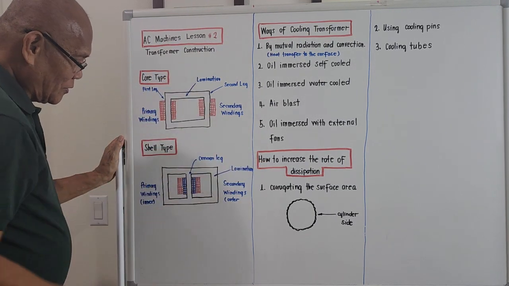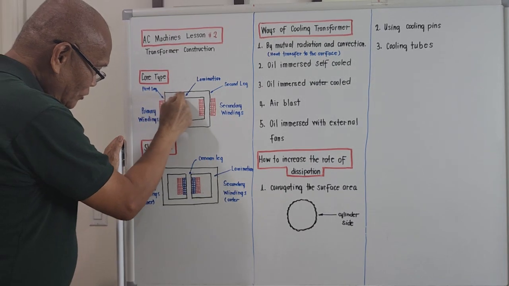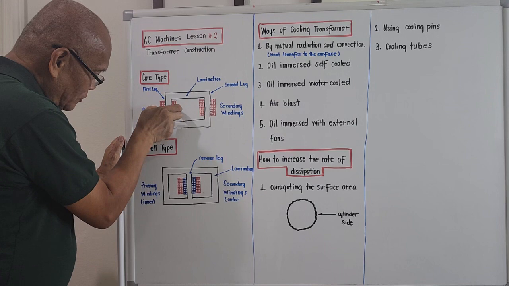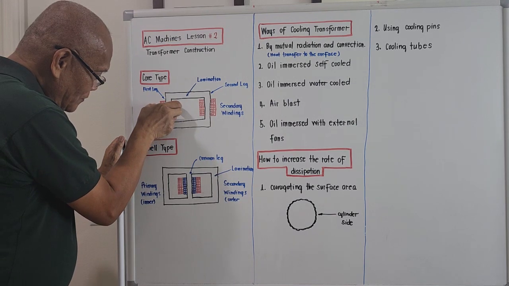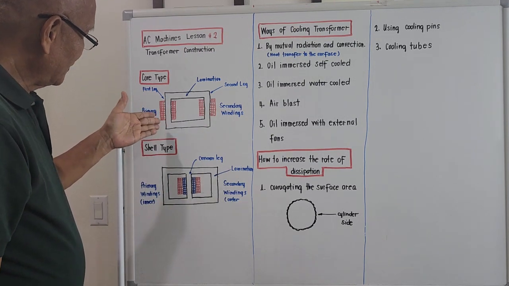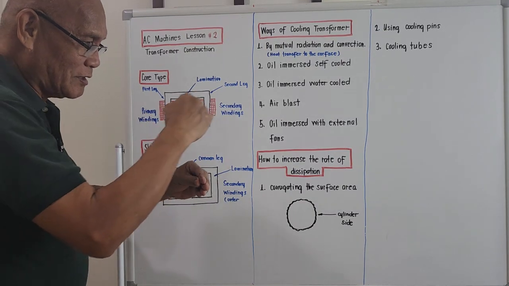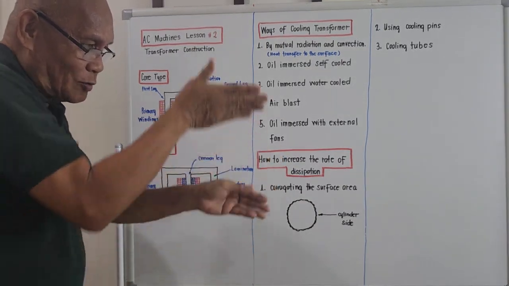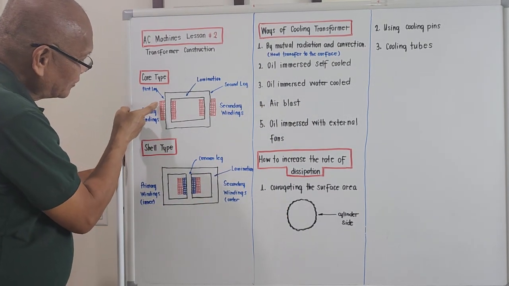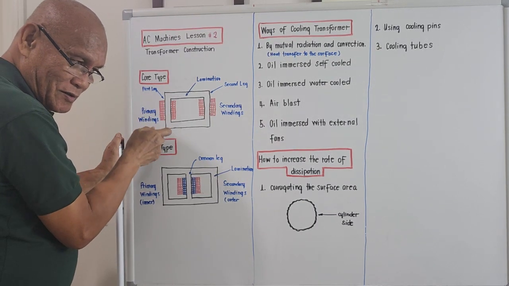The core type is something like this. We have a steel plate lamination, this rectangular area. This is the primary winding. This is the secondary winding. Why are the windings in red? It's just like a winding that was wound around the core. Then we cut the cross section. So these small rectangular things here are actually the cross section of the windings.